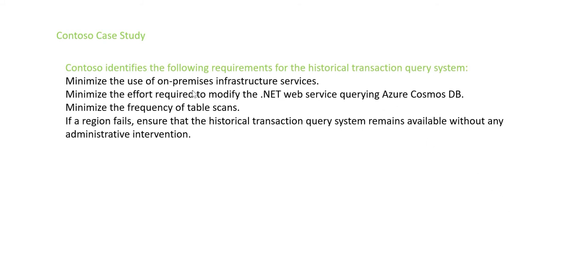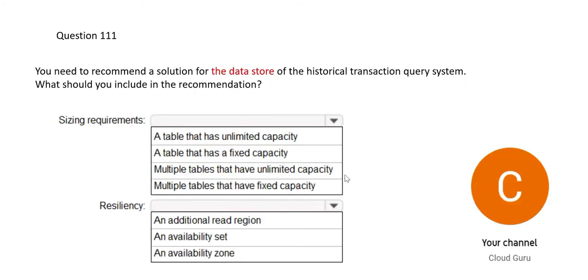So we have to minimize the frequency of table scans, and if a region fails, we have to ensure the historical transaction system remains available without administrative intervention. It should automatically work, and we should minimize the use of on-prem infrastructure. So in this case, like we saw, it has 50 GB and fixed requirement.